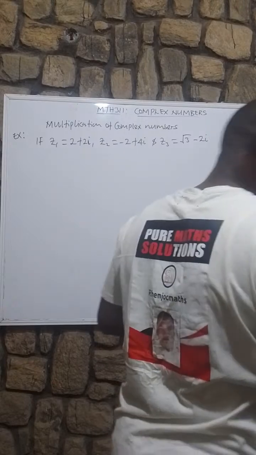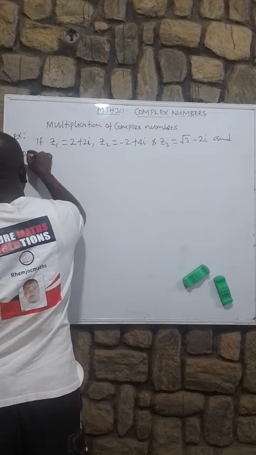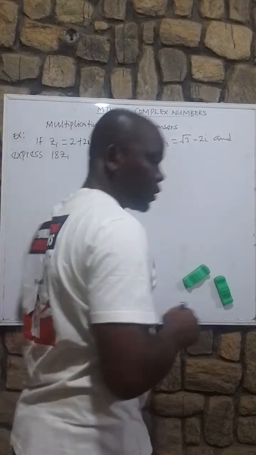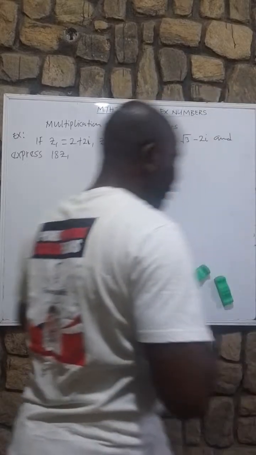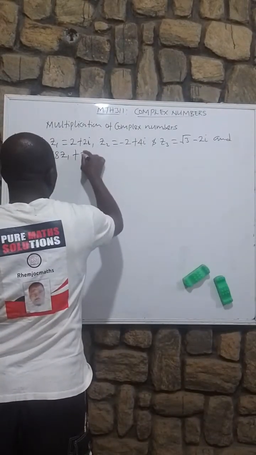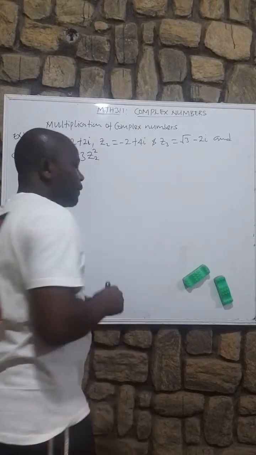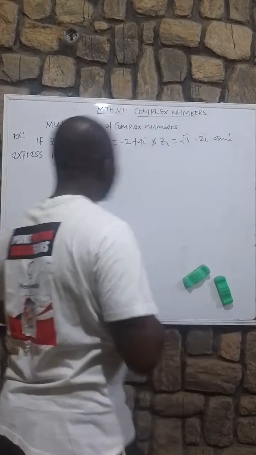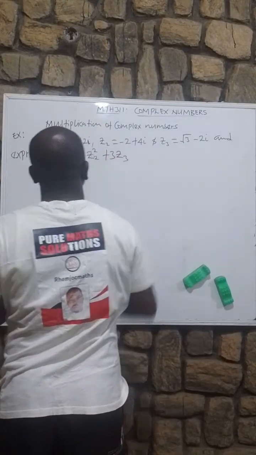And express 18Z1 plus 3Z2 squared plus 3Z3.